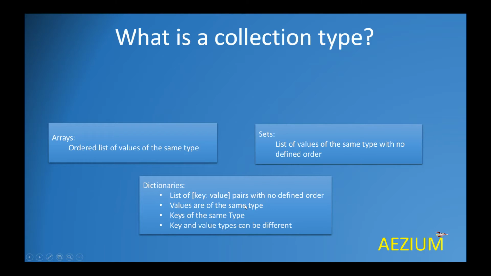The values of the key value pair are all of the same type. The keys of the key value pair are again of the same type, but the types of values and keys are not necessarily the same. They can be different.